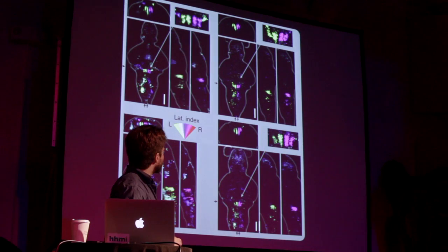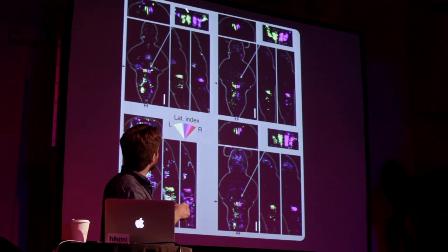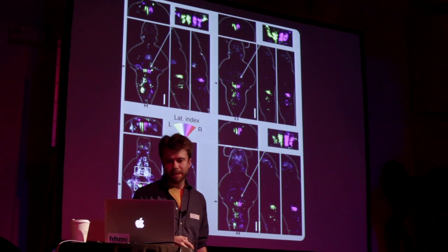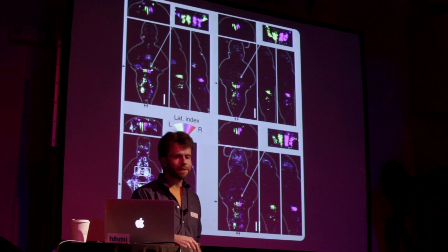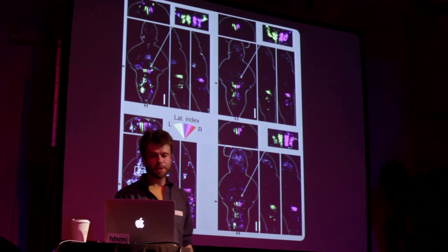Now, these patterns are consistent across fish. Here are 4 of them. All of them show this structure in the hindbrain here, which we called the hindbrain oscillator, for lack of a better name, because we don't know yet in mammals what it corresponds to.